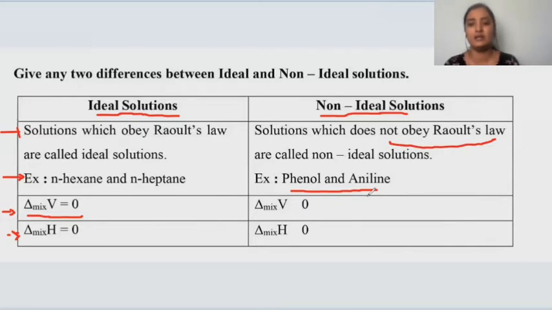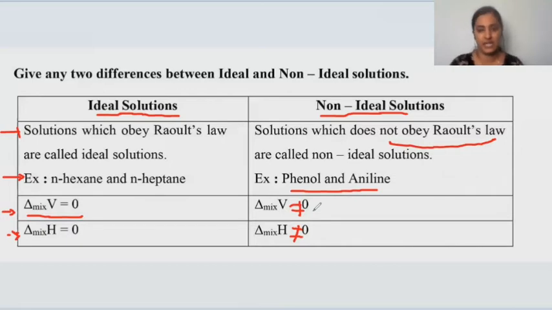That is non-ideal solutions you can consider. And here, children, the change in enthalpy of mixing will not be equal to 0. 0 ge equal iralla, as well as the change in enthalpy of mixing will not be equal to 0, and the change in volume of mixing will also be not equal to 0. That is, for example, here I am going to consider two components.